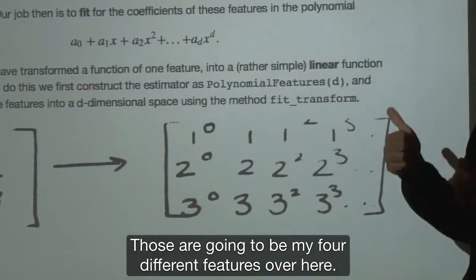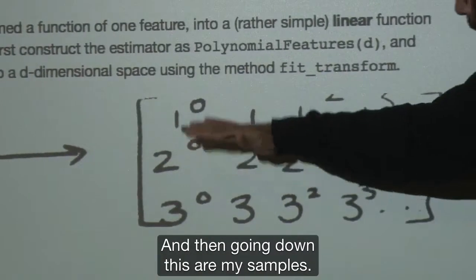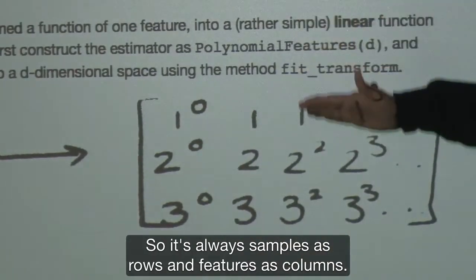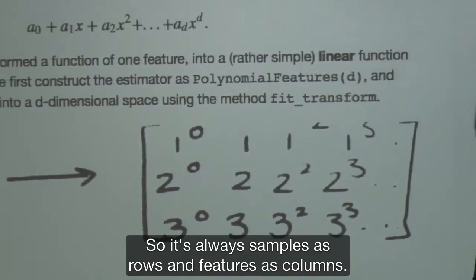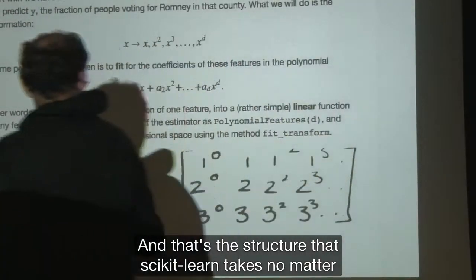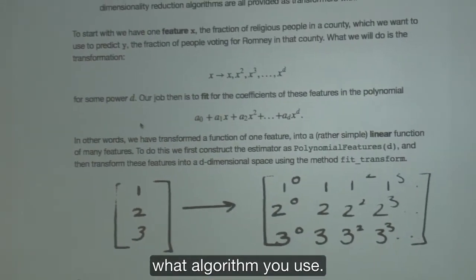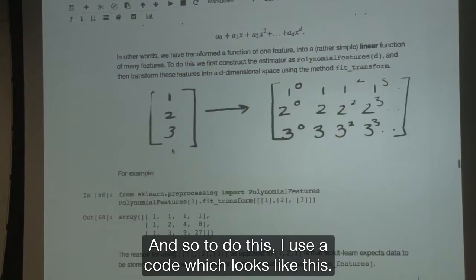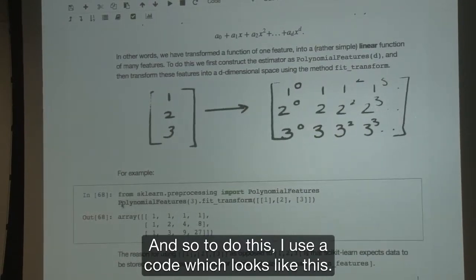Those are going to be my 4 different features over here. And then going down are my samples. So it's always samples as rows and features as columns. And that's the structure that scikit-learn takes, no matter what algorithm you use. And so to do this, I use a code which looks like this.